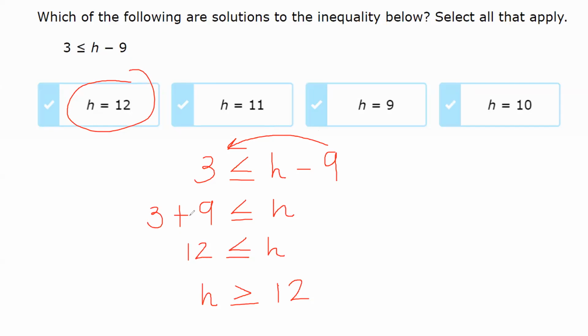A positive. Good. How do we get 12? We add 9 and 3, good, to get 12. So we have that 12 is less than or equal to H. And then we switch the sign, right? Yes, sir. To get that H is greater than or equal to 12. Thank you.